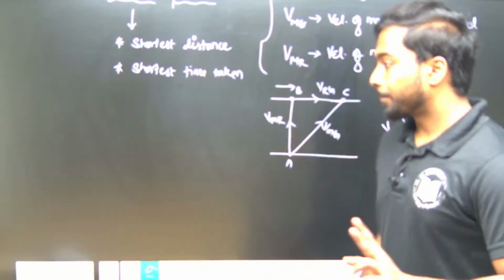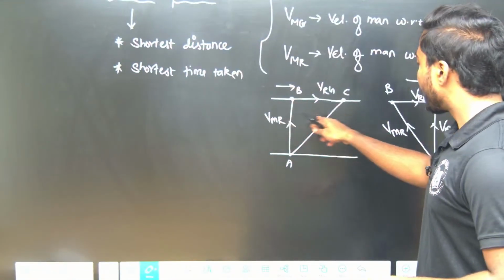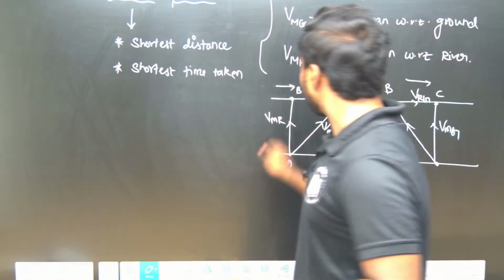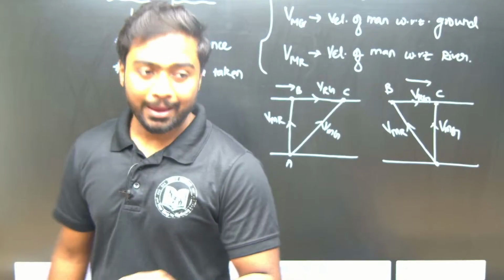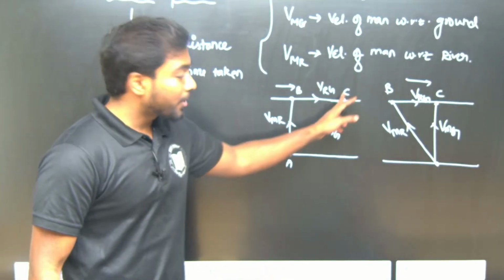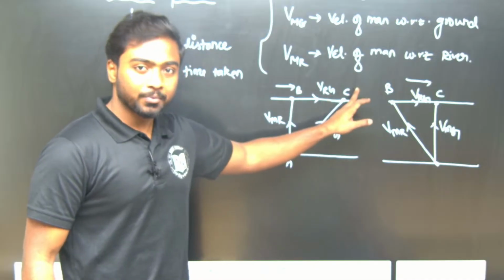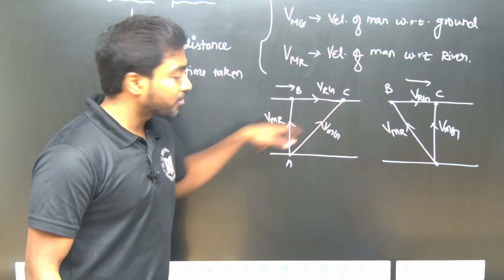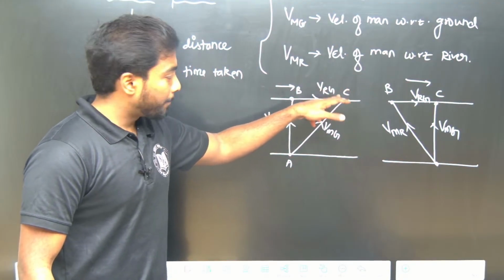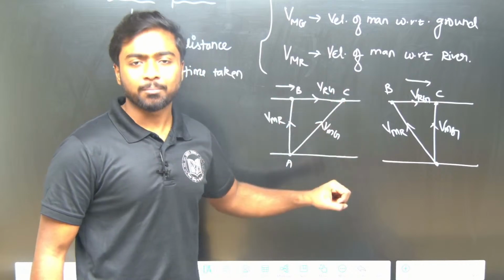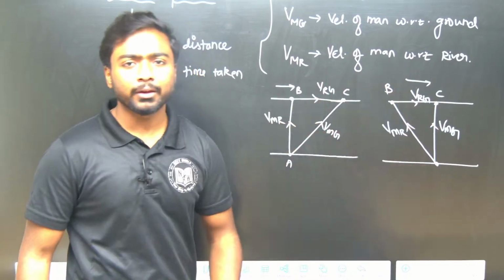For the first one, if I start with the flow of water, I am going to point C, which means I can reach the other end easily. It takes the longest distance, but the shortest time, because I am going along with the river.